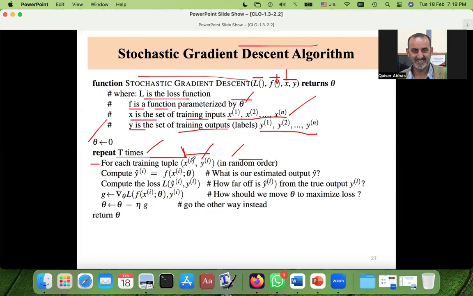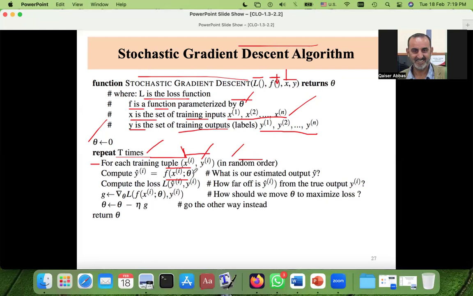And then we are calculating here f of xi comma theta. This is a function, and this is equal to what I said in the previous slide. It is equal to y cap. Y cap is the class which would be predicted by our model.